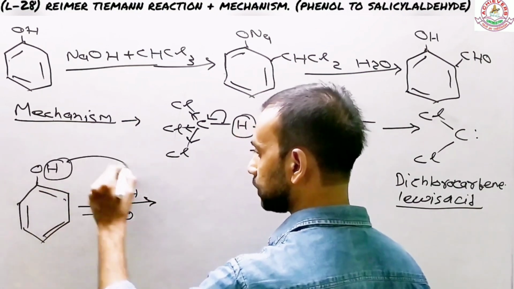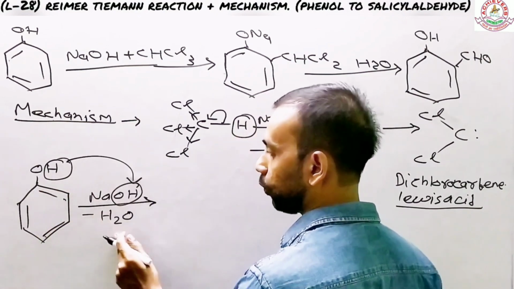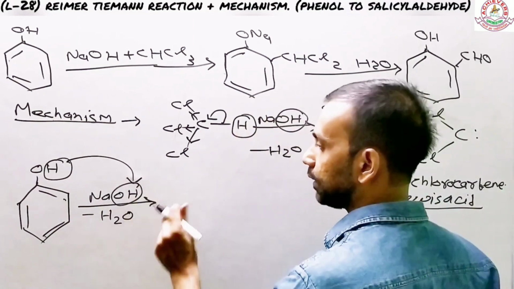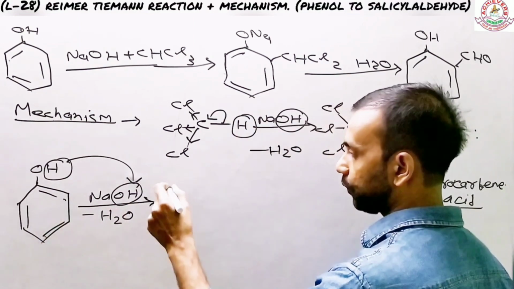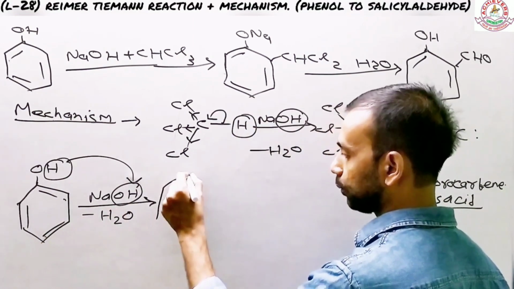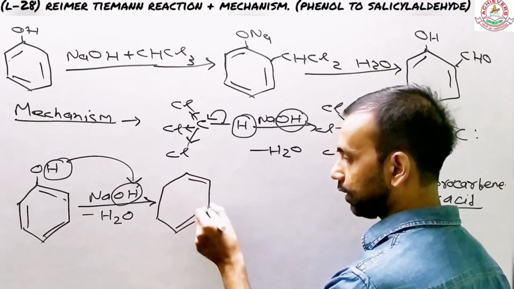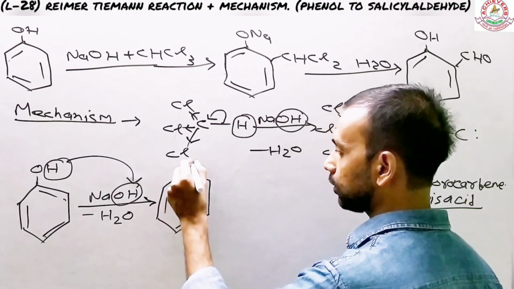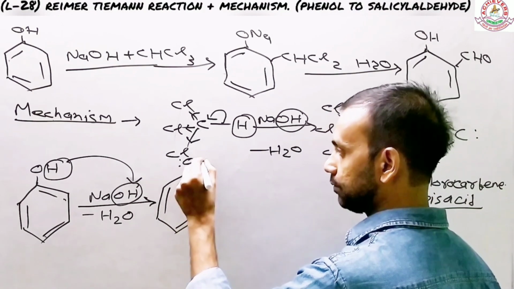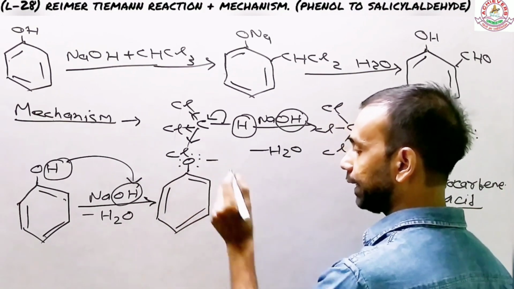This proton moves towards the OH to form water, and this results in the formation of a phenoxide ion, where you have a double bond right here, another one right here, and oxygen with 3 lone pairs and a negative charge.